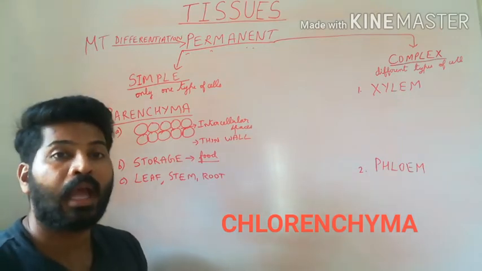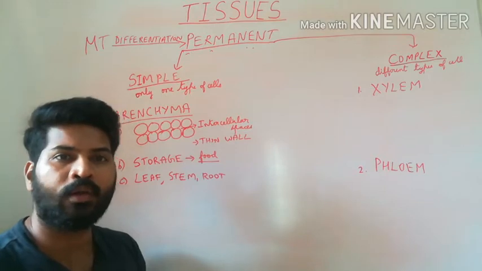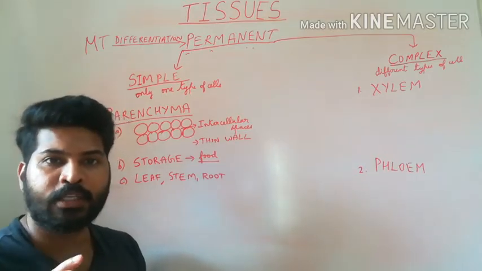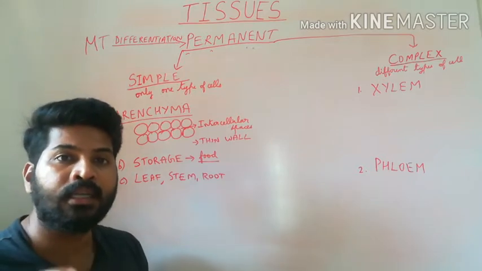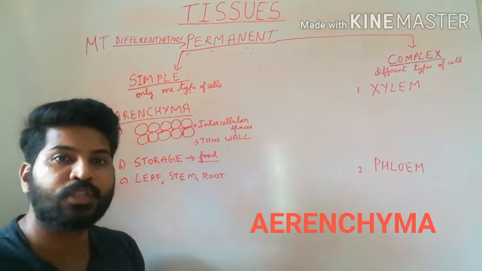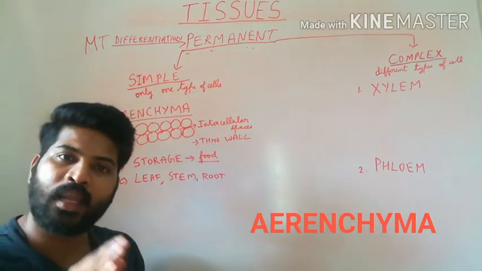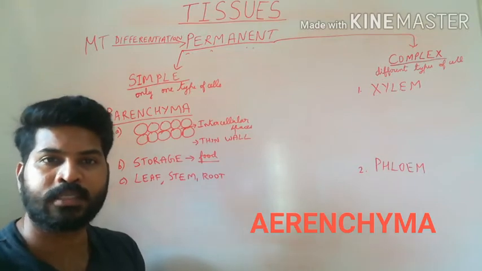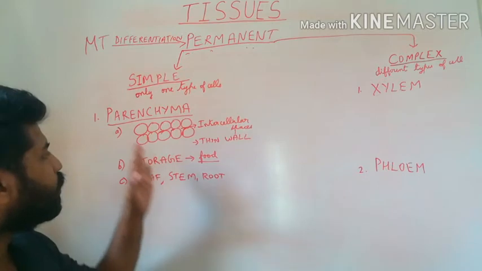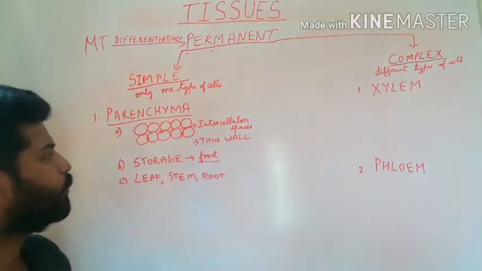In certain aquatic plants that grow underwater or on water, the parenchyma tissue contains air cavities. This helps the plants to float on water. Such a type of parenchyma tissue is called aerenchyma. That is about the first type of simple permanent tissue.